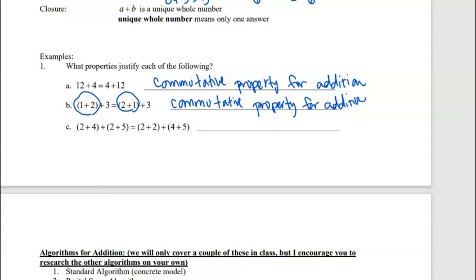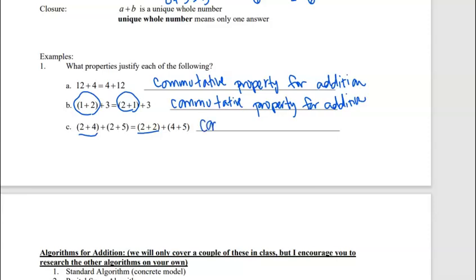Now, when I look at my next part C, I have to look at it in detail, and I have to recognize that what is in the parentheses did change, because this is 2 plus 4 and this is 2 plus 2. So the grouping of the numbers did change. But I also recognize that the order of the numbers changed as well. So the properties that are involved here change the grouping of the numbers, but also the order of the numbers.